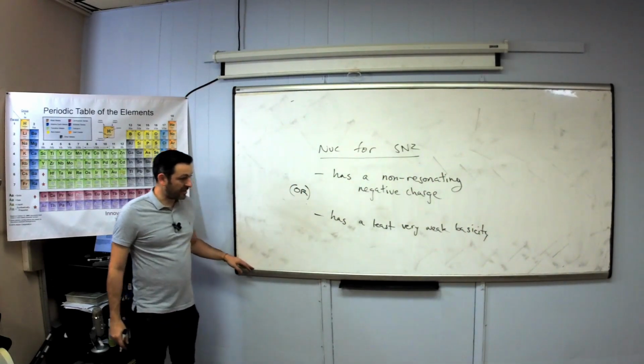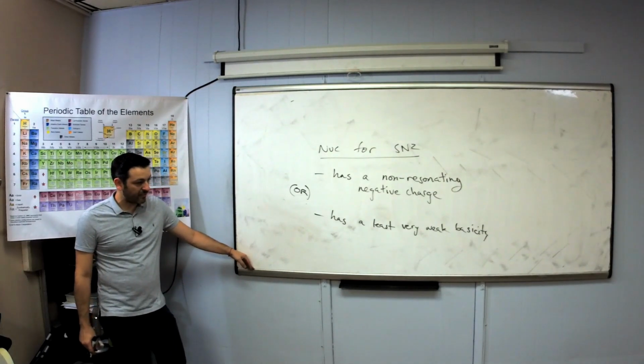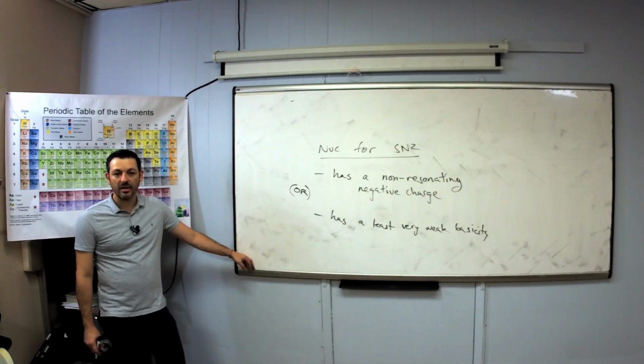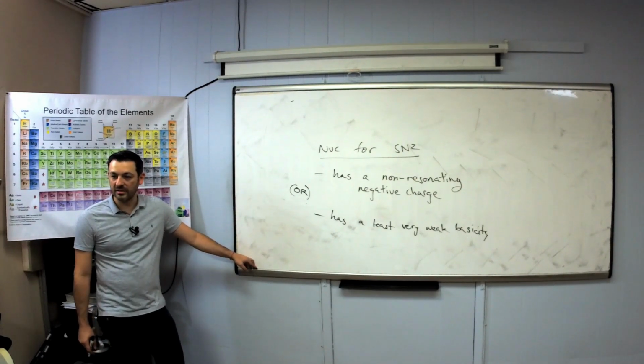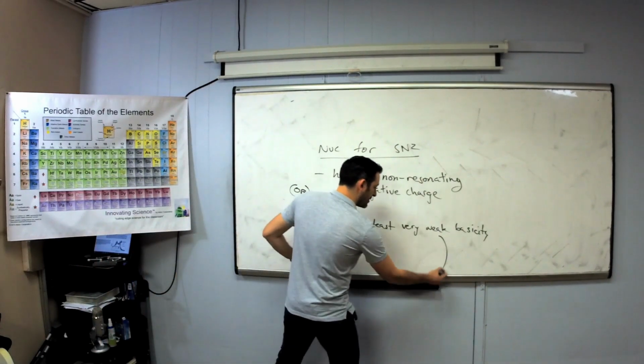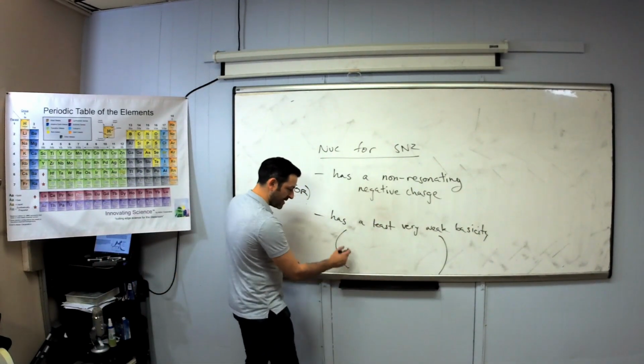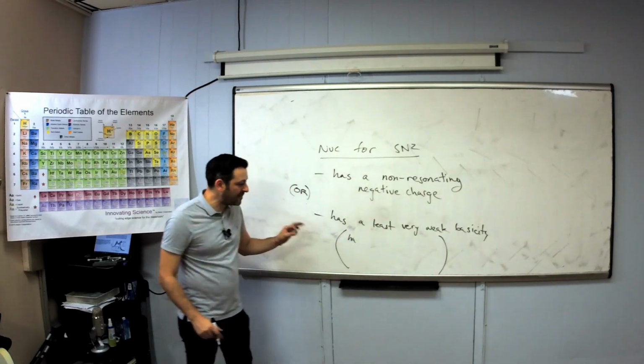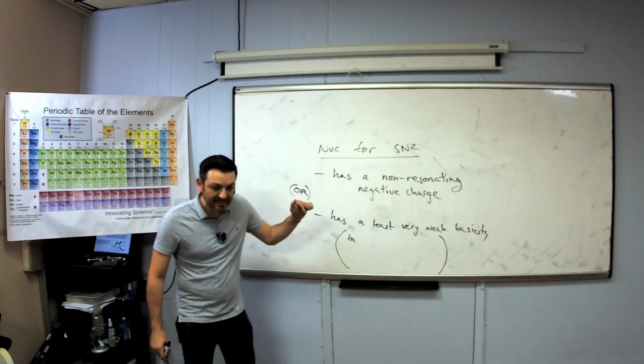This line right here is the reason we learned chapter 4. Because if it's a very weak base, or a weak base, or a moderate base, or a stronger base, or a strong base, or a very strong base, we need to know some pKa to support that. So what I'm saying is, I'm not saying it has to be a very weak base. It has to be at least a very weak base.